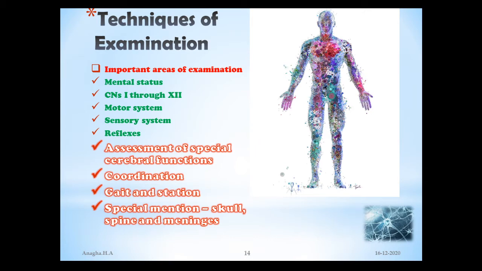Special mentions are some of the lesions in skull, spine and meninges, what can go wrong in skull, spine and meninges. In this PPT, I am going to explain the mental status examination and also the cranial nerve examination part.